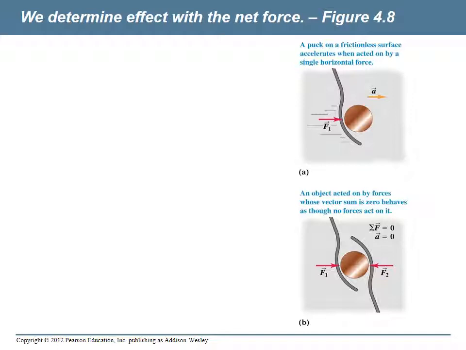Force is equal to mass times acceleration. A positive force gives some positive acceleration, because mass must also be some positive quantity, right? We can't have a negative mass. So a puck on a frictionless surface accelerates in this direction. Even if it's frictional, actually, it'll still accelerate in this direction. So a single force acting on an object will accelerate it in that direction.